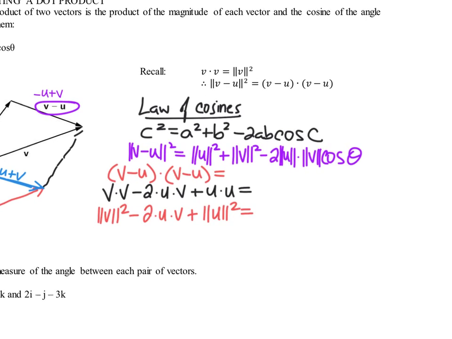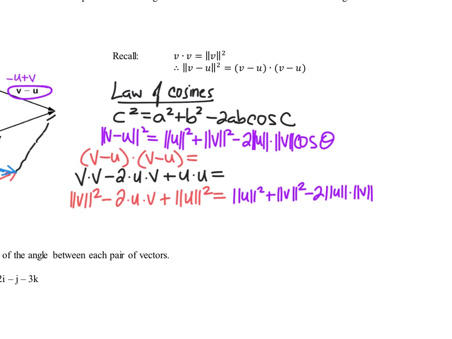The right-hand side we could bring back into play. And then beautiful magic will happen. We have a common magnitude of v squared. We have a common magnitude of u squared. So left-hand side contains only negative 2 u dot v.